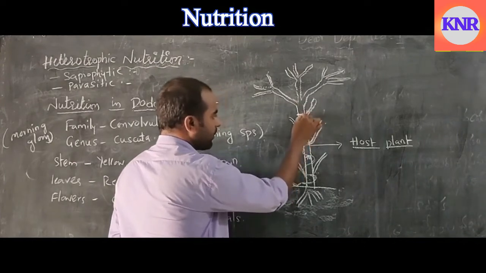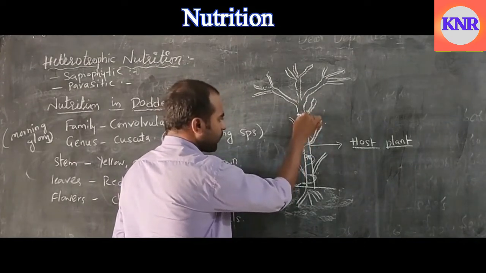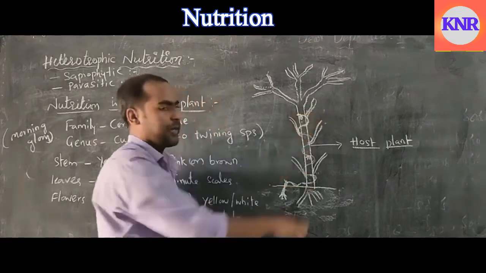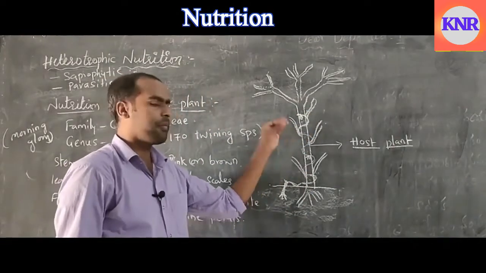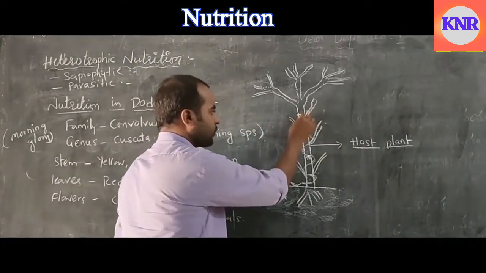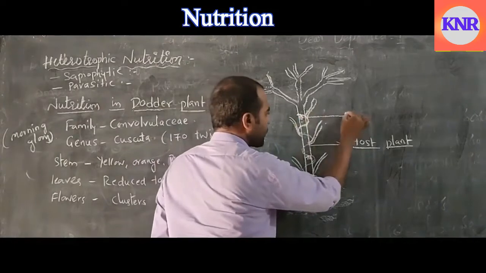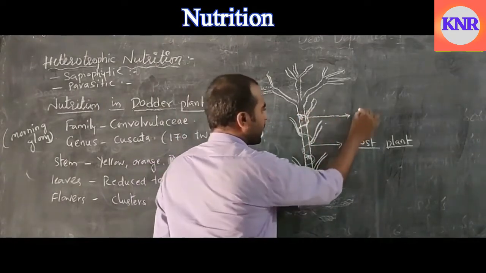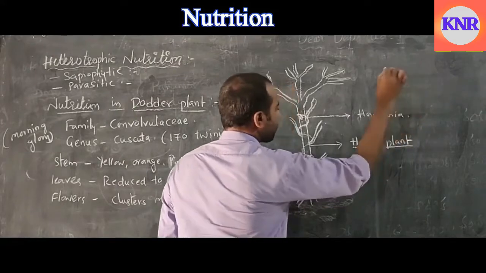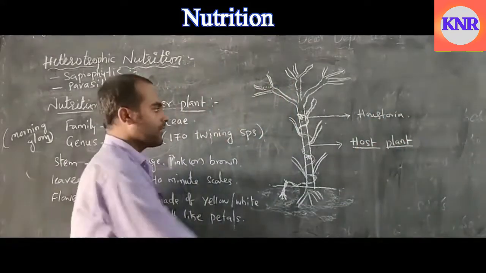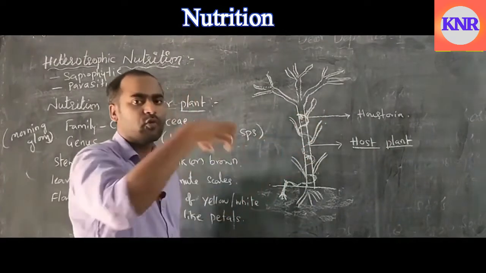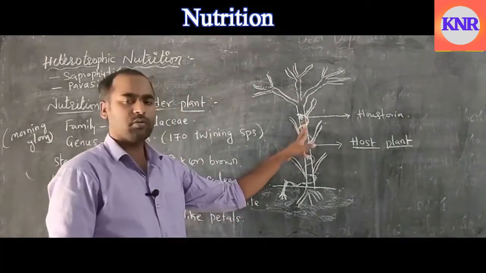The dodder plant forms some roots, and these roots will be inserted into the stem or branch of the host plant. This group of roots is called Haustoria, and through these roots, the dodder plant can absorb the food material from the host plant.